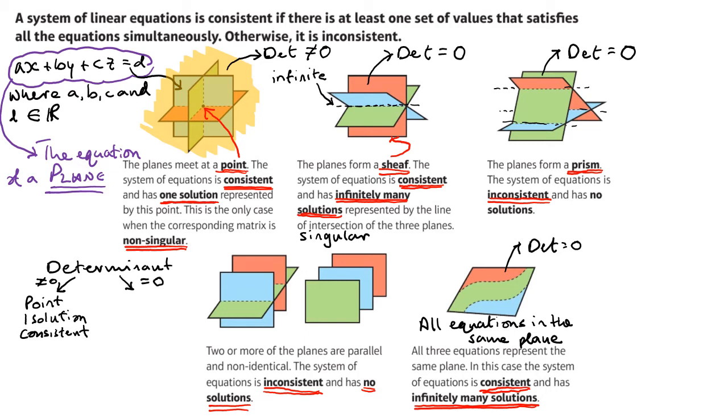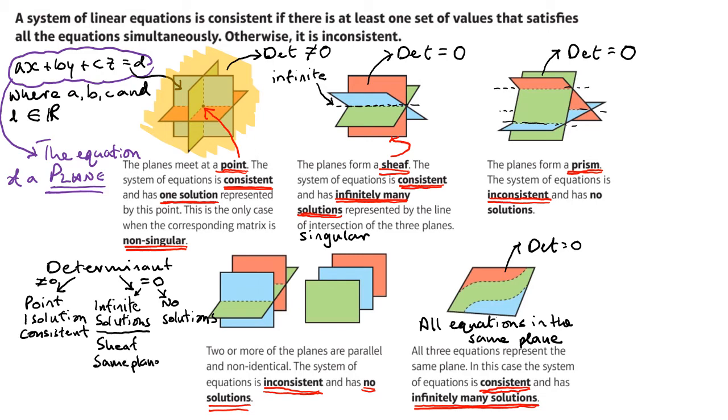So when the determinant equals 0, you can have different situations. So you can have infinite solutions, or you can have no solutions. Right. When I have infinite solutions, I'm either going to have a sheaf, or all the equations are going to be in the same plane.